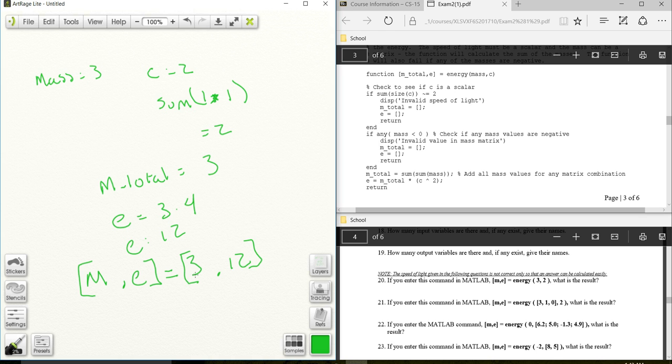I don't know if you could actually do that in MATLAB, but that's how I think about it, where 3 goes to M and E goes to 12. And so our first answer should be M is equal to 3, E is equal to 12.